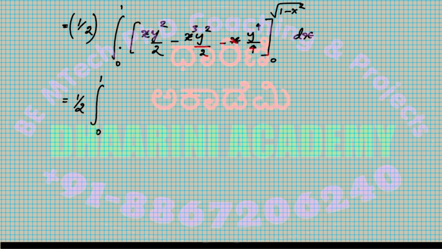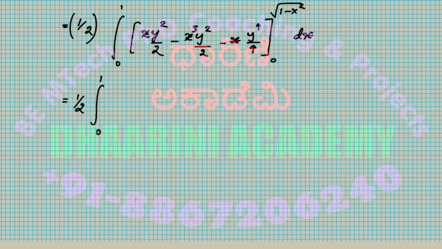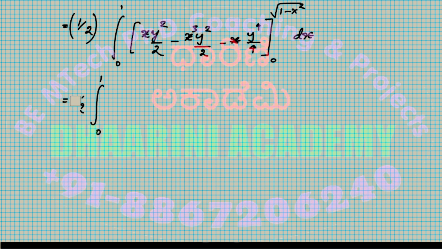I'll take a 4 outside from the denominator, so this is 1 by 2 into 1 by 4, let me write that as 1 by 8. Then I'll write the remaining terms inside. So 2 means I have to write a 2 first. So this is 2x y square minus 2 times x cube y square, minus x y to the 4, still to substitute, 0 to root of 1 minus x square, dx. This step is optional. You can skip this also, no problem.